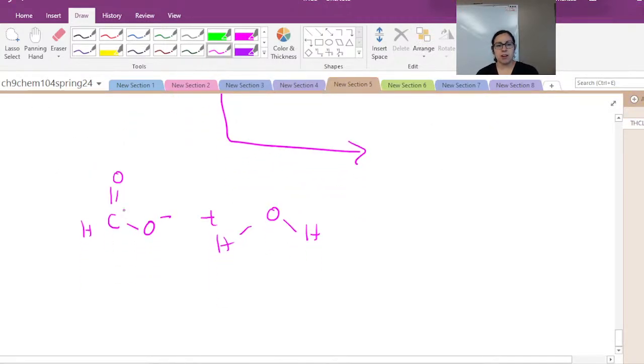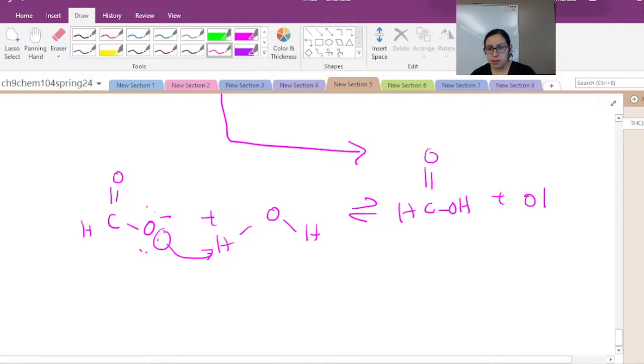Now we're saying that our formate is going to deprotonate our water and reform formic acid. So there's our formic acid again, but then we are left with hydroxide. So it formed hydroxide ions in solution. So what does that make formate here? It makes hydroxide.